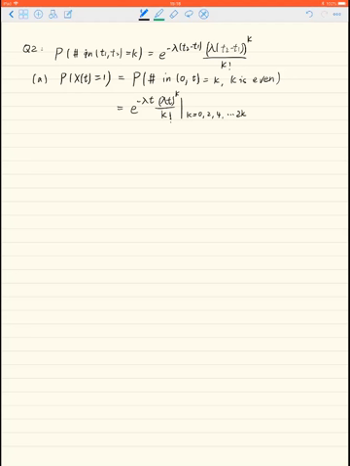To find this answer, we have to use some series, the Euler formula, and the Taylor series.